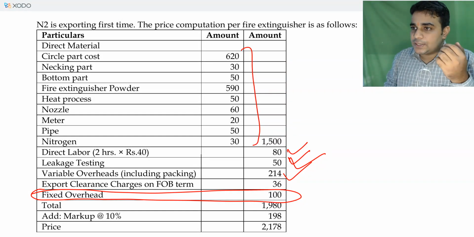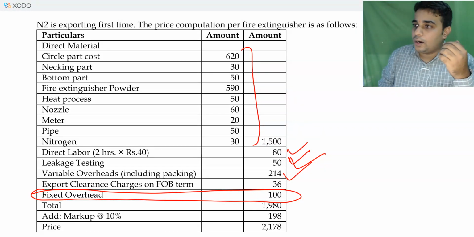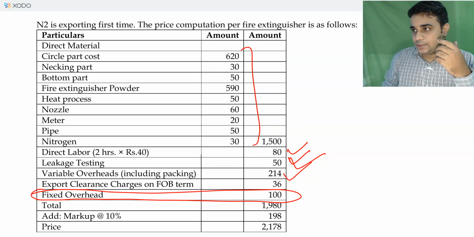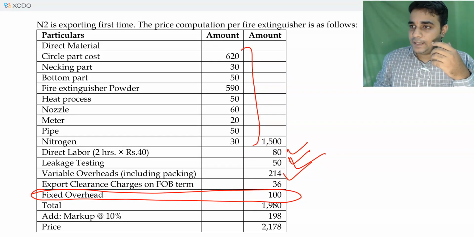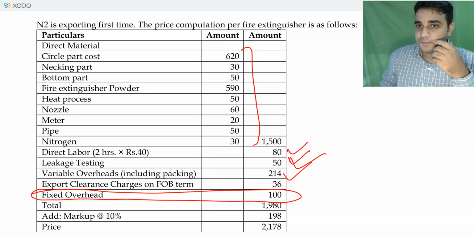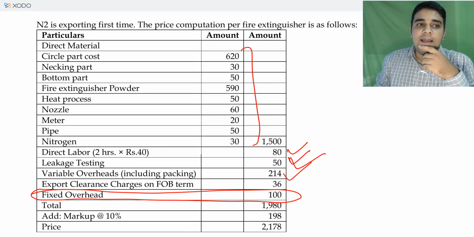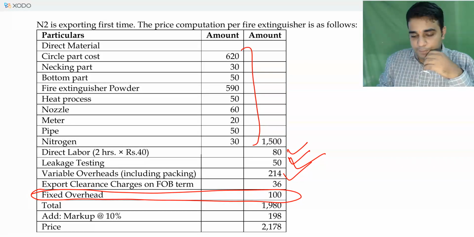In a home transaction, it's easy to identify whether the buyer is credit worthy or not. When you are dealing with an export customer, it becomes more challenging. So you will have to analyze the buyer's credit worthiness and then take a call, because if the buyer is not credit worthy, or if he defaults on the payment in the end, it can lead to a lot of challenges for the company.